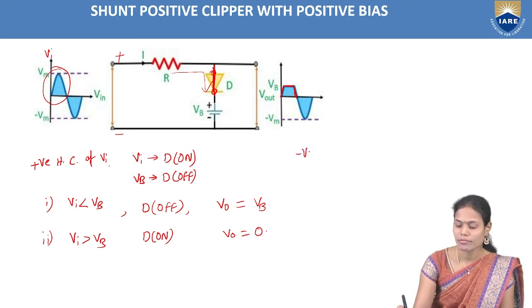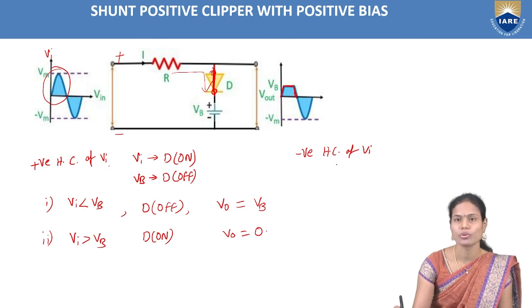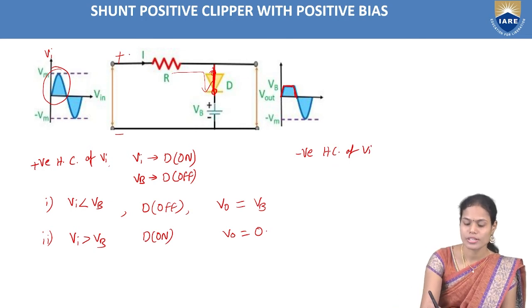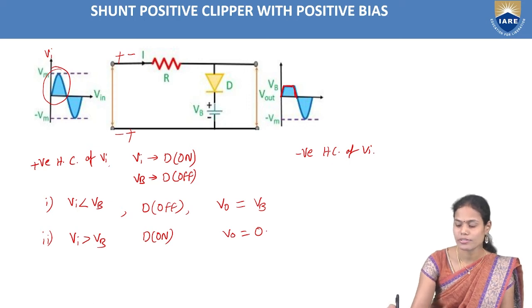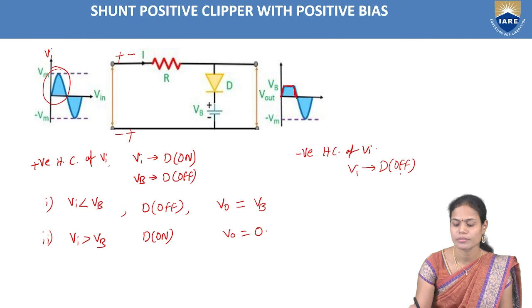Similarly, if we take the negative half cycle of my input voltage, in this case here it is negative and here it is positive. So for the anode terminal of the diode, we are providing the input as negative, so that the diode is in off state.